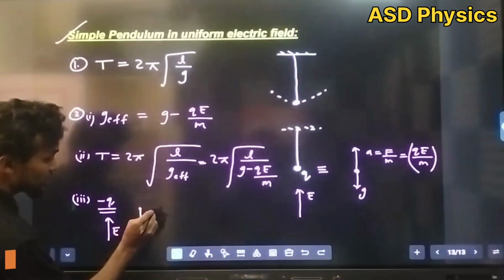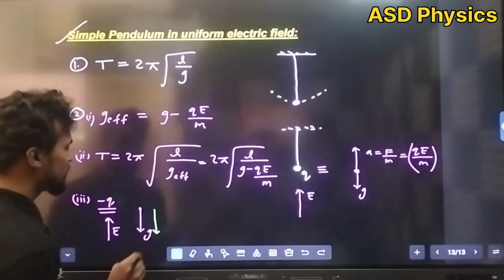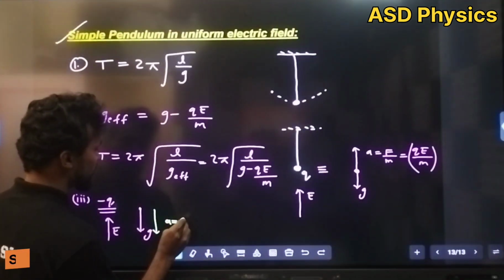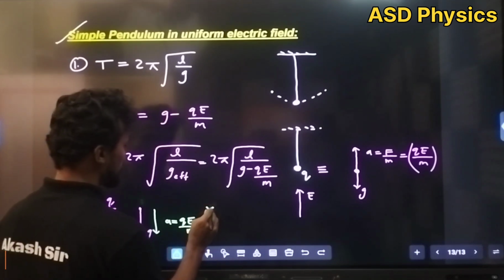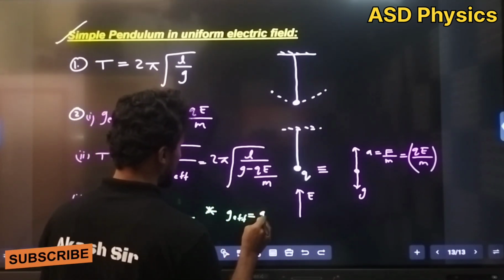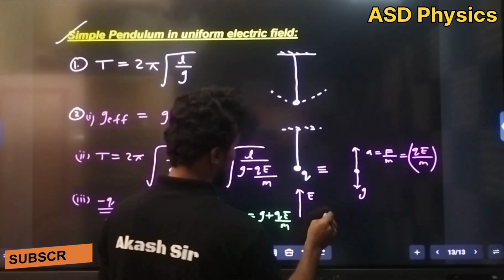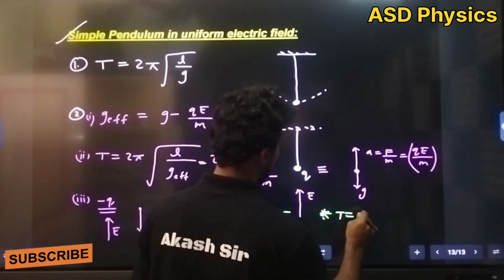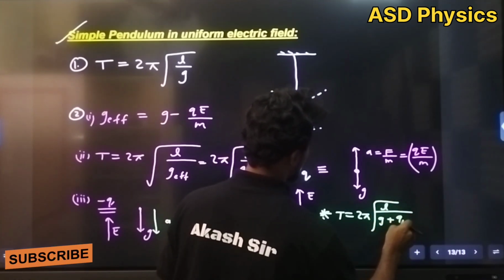The force will act in a downward direction here, because negative charge always experiences force in the reverse direction. So because of that force, acceleration is given by a equal to QE by m, is it? So in this situation, this g effective value will come here, g plus QE by m. Okay. And because of that, this time period is going to be 2 pi root L by g plus QE by m.